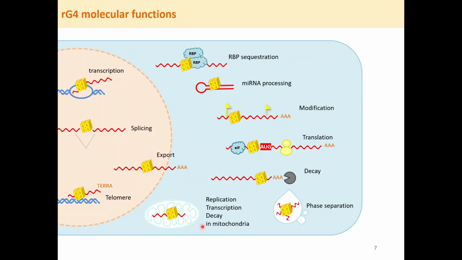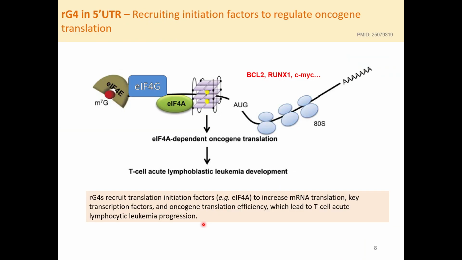In mitochondria, rG4s can affect mitochondrial DNA replication, transcription, and mitochondrial RNA decay, and overall mitochondrial function. Dysregulation of rG4 can lead to mitochondrial dysfunction.